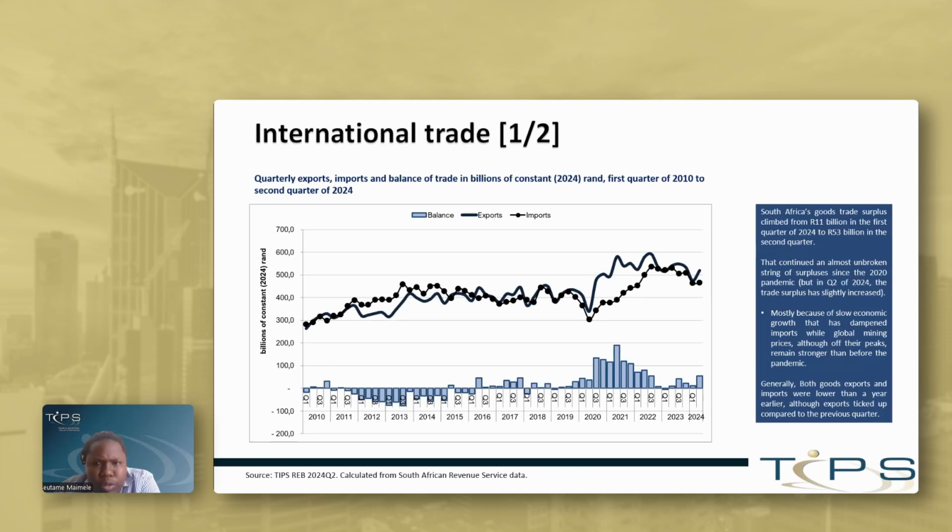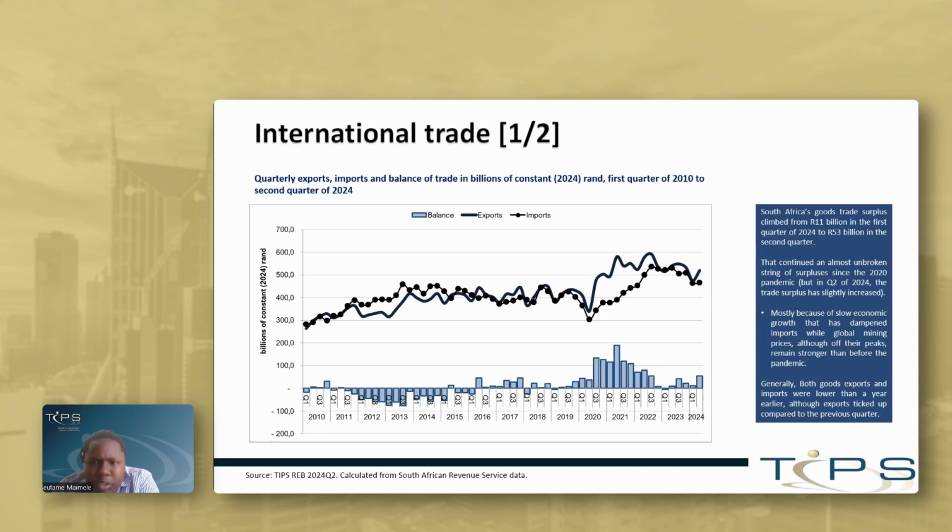Then moving into international trade, South Africa's goods trade surplus climbed from 11 billion rand in the first quarter of 2024 to 53 billion rand in the second quarter, and that continued an almost unbroken string of surpluses since the 2020 pandemic.